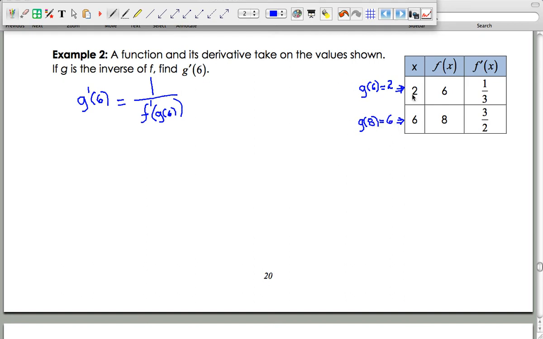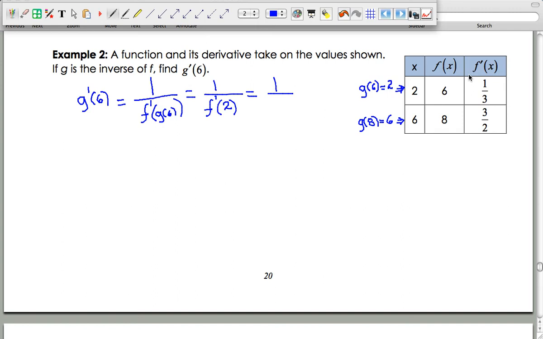Now, knowing that, let's go and replace values. This is 1 over, remember, we are going to do the inside and then the outside, f prime of g of 6. Oops, g of 6 is 2. Now all we need is f prime at 2. Do we know f prime at 2?